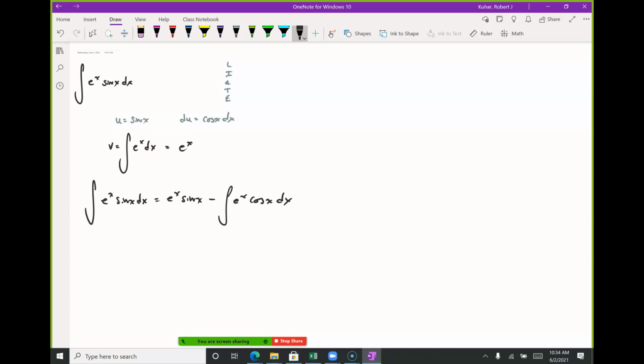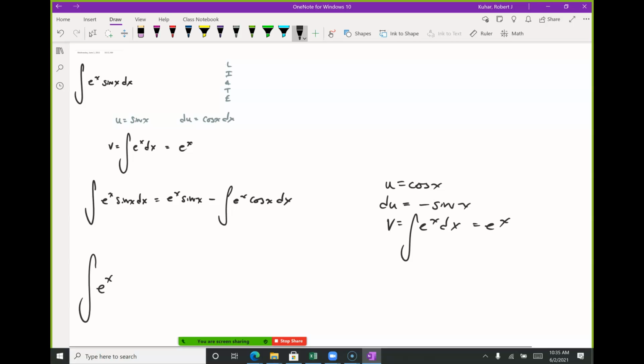So I need another u sub. So u is cos of x now. Du is negative sine x. V is the integral of e to the x dx, so that's just e to the x. In black is my original problem, and in this parenthesis here in green is my new by parts.